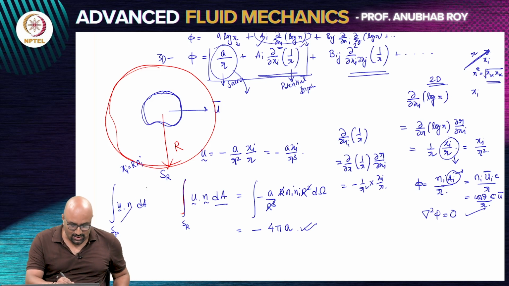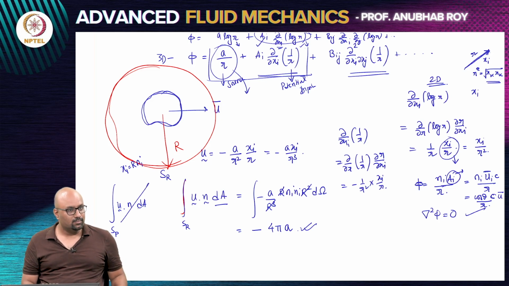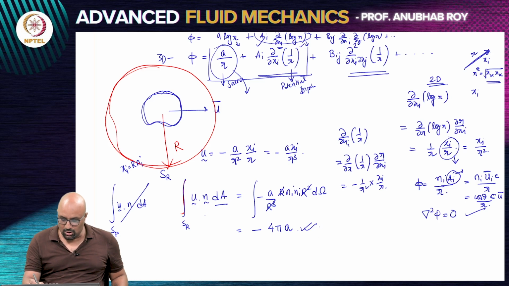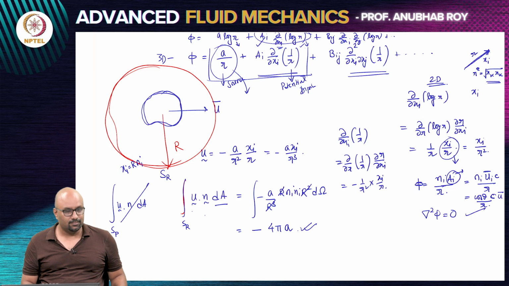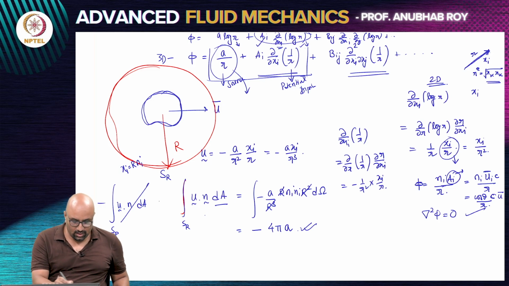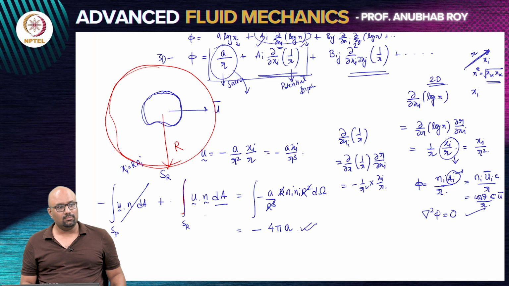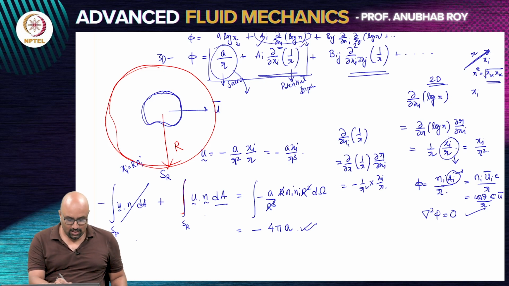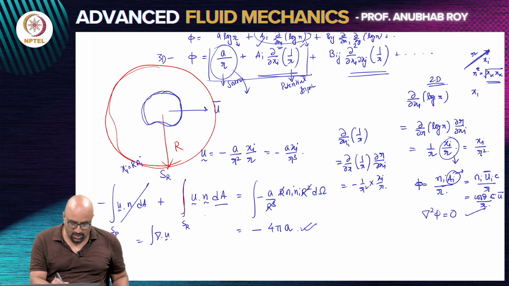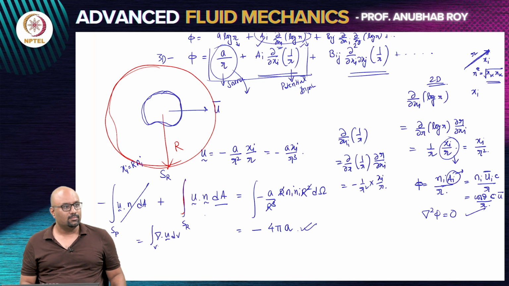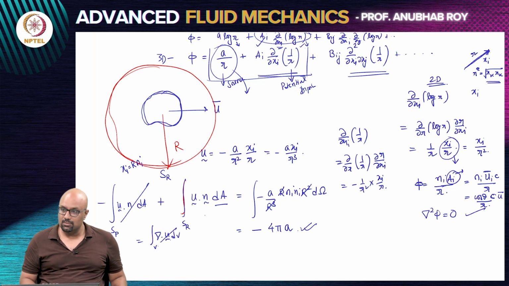So, this is basically going to be 0, which means this also should be 0, because what is the difference between these two terms? What is this quantity? If you apply the divergence theorem, this quantity is the divergence of u in the volume enclosed by S_P and S_R, which is 0.